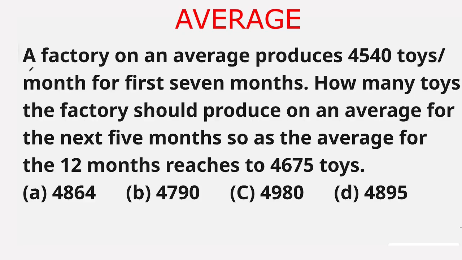Our question is, a factory on an average produces 4,540 toys per month for the first 7 months. How many toys should the factory produce on an average for the next 5 months so that the average for the 12 months reaches 4,675 toys?